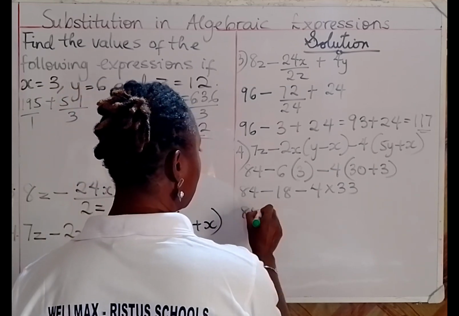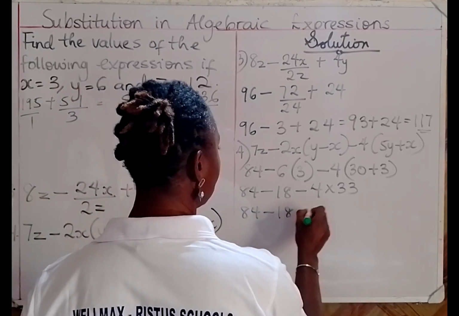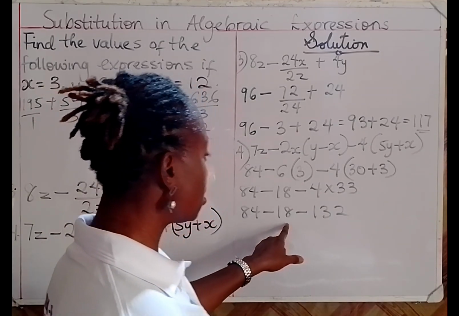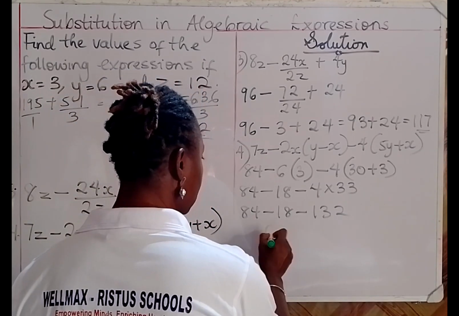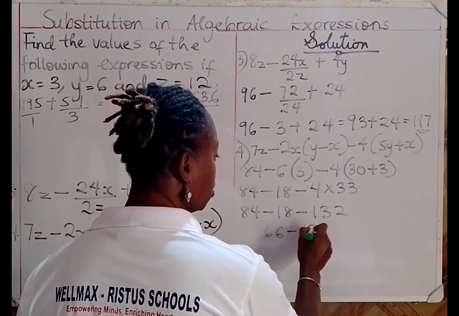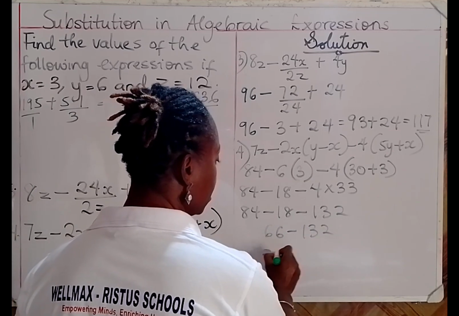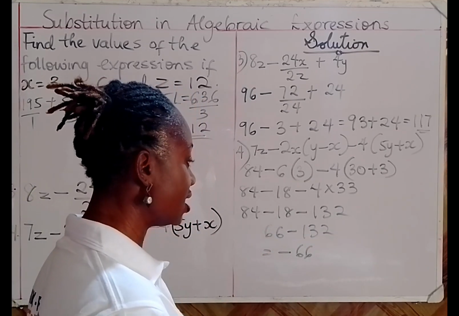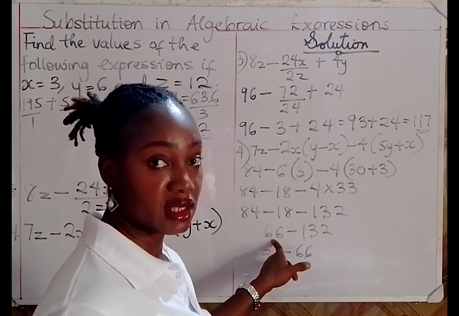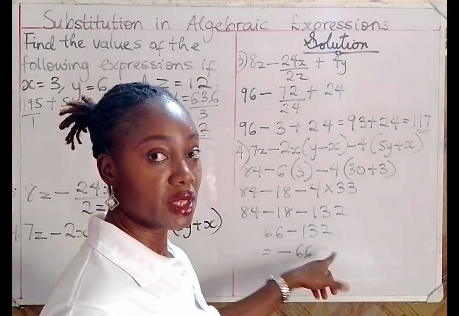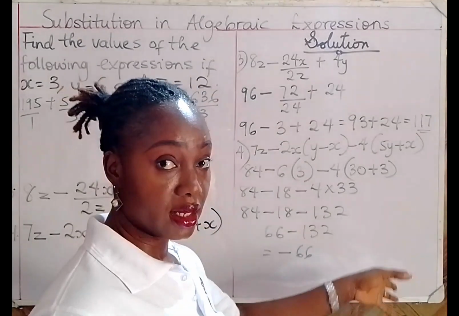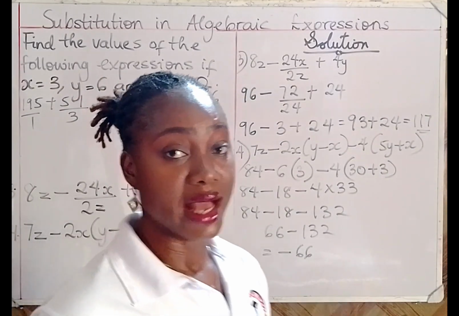So it becomes 84 minus 18 minus 132. 84 minus 18 equals 66, minus 132. So our final answer equals minus 66, because 66 is less than 132. And when a smaller number is subtracting a bigger number, you are going to have a negative answer.